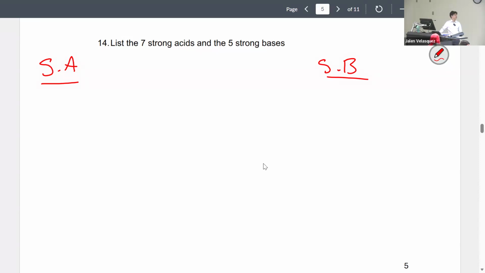All right, so here we're listing the strong acids and strong bases, right? Remember that you are responsible for memorizing the 7 strong acids and the 5 strong bases, right? So what makes an acid or a base strong?